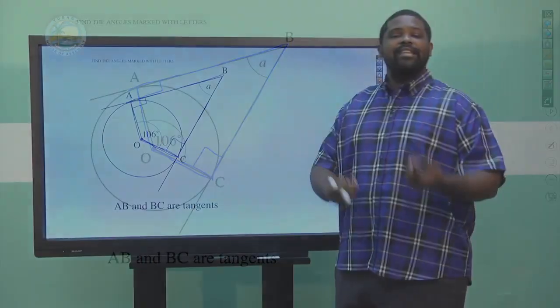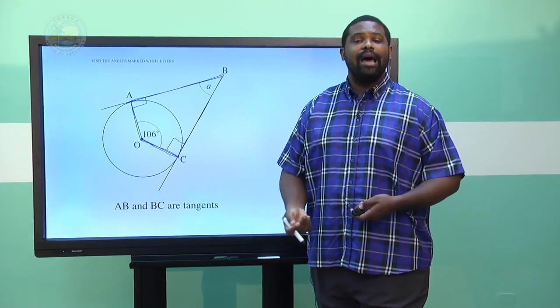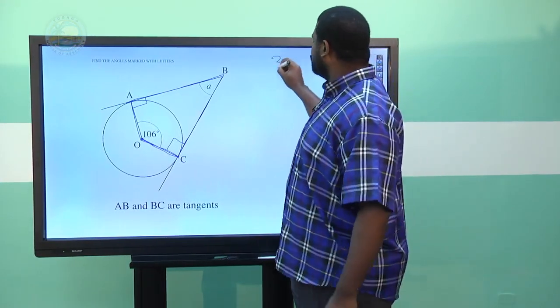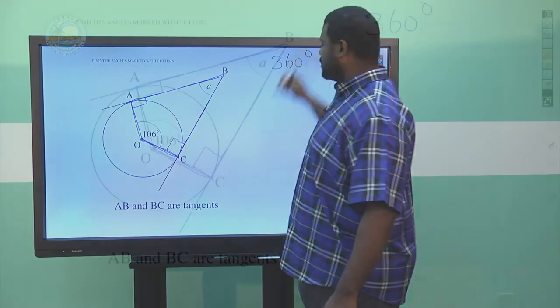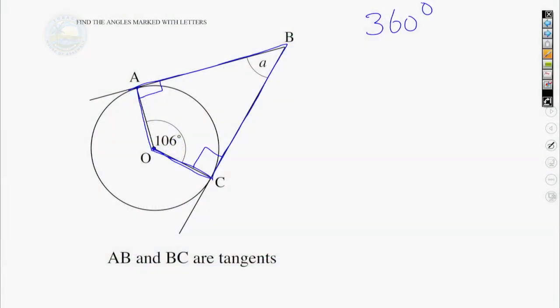And the sum of the interior angles in a quadrilateral add up to 360 degrees. So if you know this angle is 106, you know that this angle is 90. You know that this angle is 90.